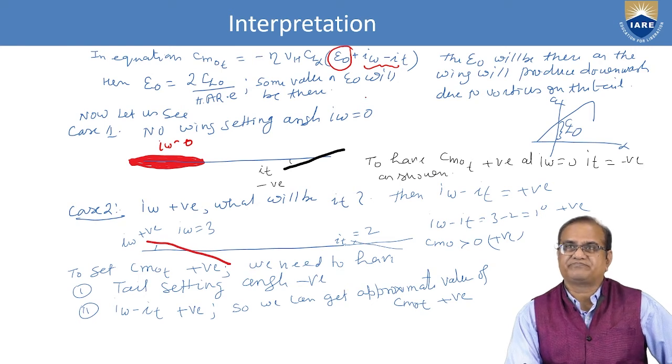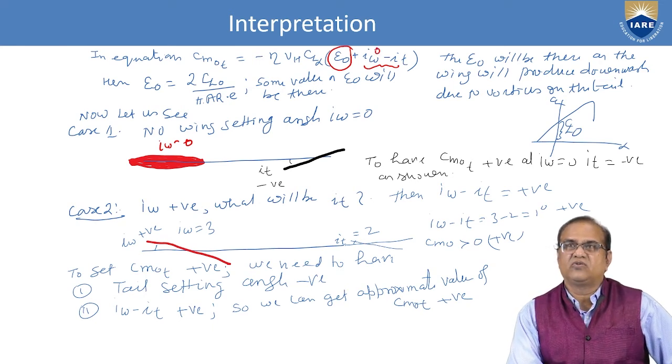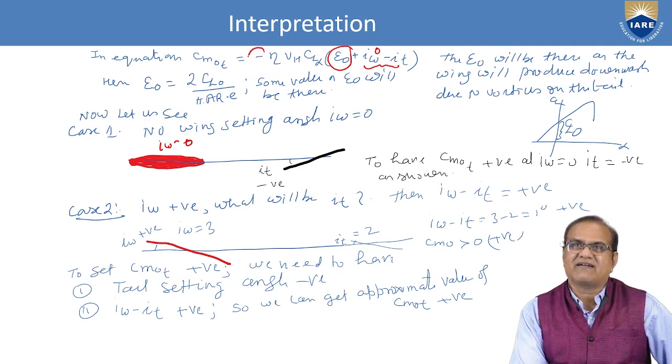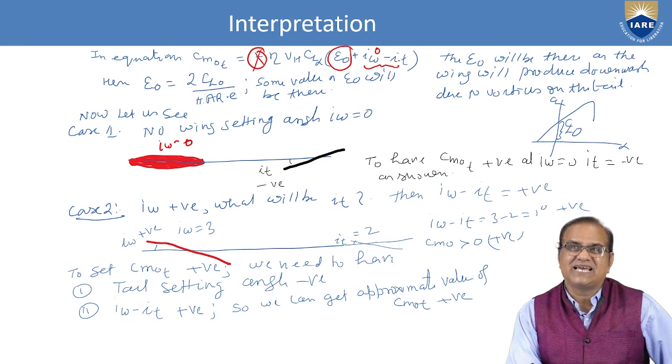So if IW minus IT, both are, this is 0, so this should be negative. So this result, I am not considering this. Okay, please remove this.